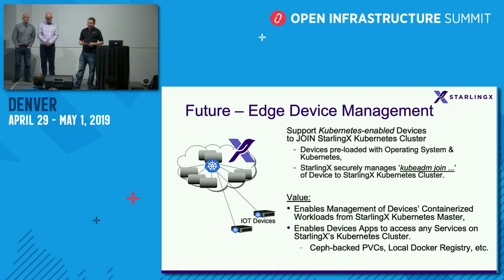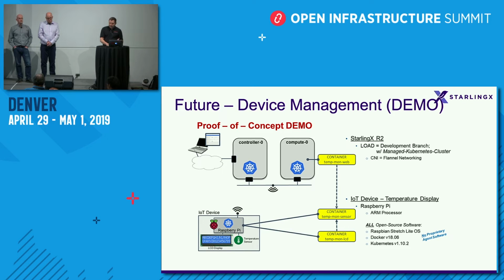So any services that are running on our Kubernetes cluster are available basically to these containerized workloads on the edge devices. So they can leverage our ceph pool and create Kubernetes persistent volume claims that are backed by our ceph cluster for persistent data storage. They can leverage our local Docker registry or load balancers and that sort of thing.